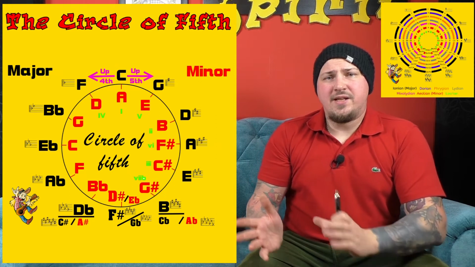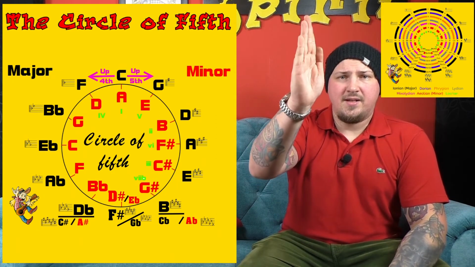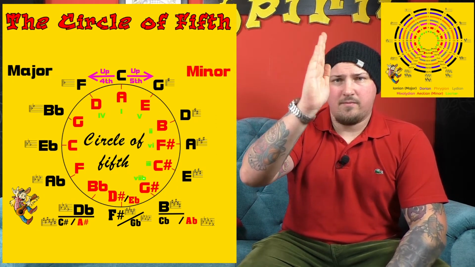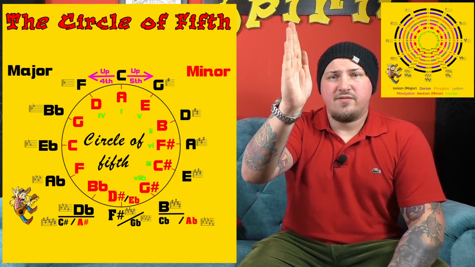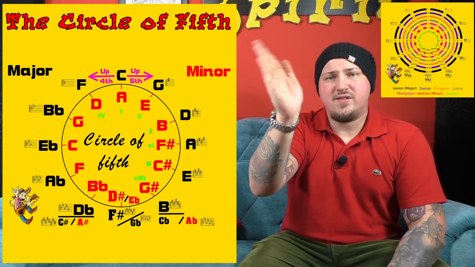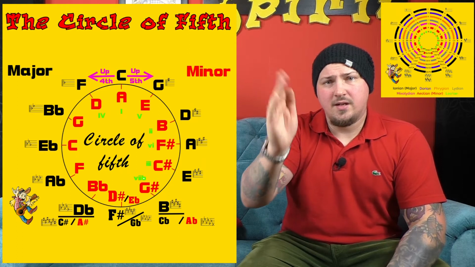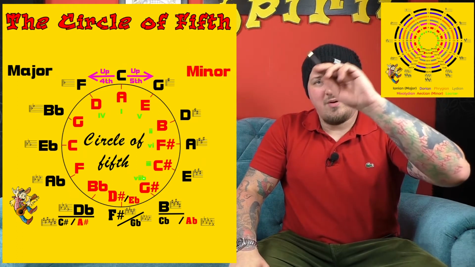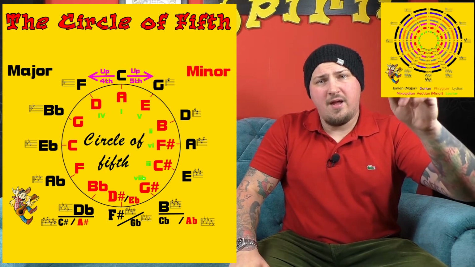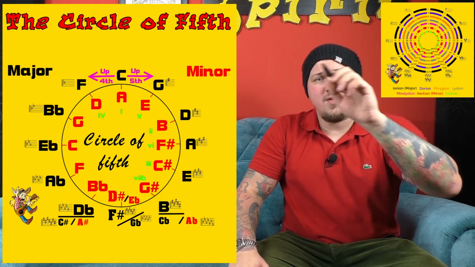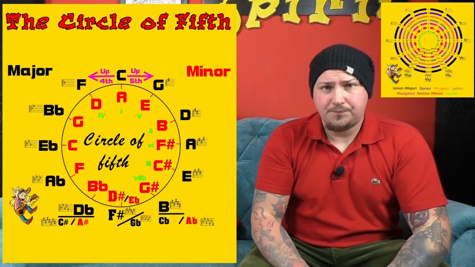And here you can see it because the 1 is, for example, the C, the 4 is the F and the 5 is the G. So you know, if you play a C major, an F major, a G major and a C major, it sounds good.